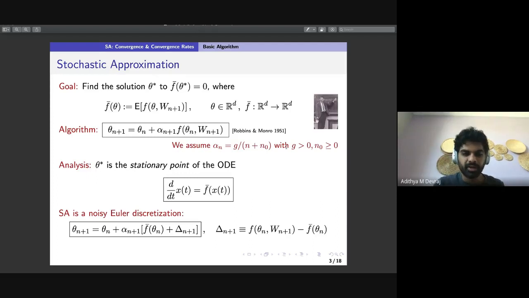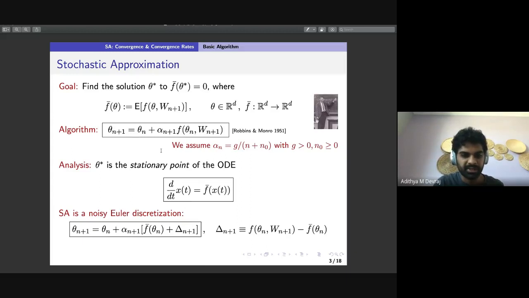The way you analyze this noisy algorithm is to look at this deterministic ODE, and if theta star is the stationary point of this ODE, then you can show that the limit point of this algorithm itself is also theta star, and I'll be making this more precise in the next slide. Again, the way you view this stochastic approximation algorithm is as a noisy Euler discretization of this deterministic ODE.